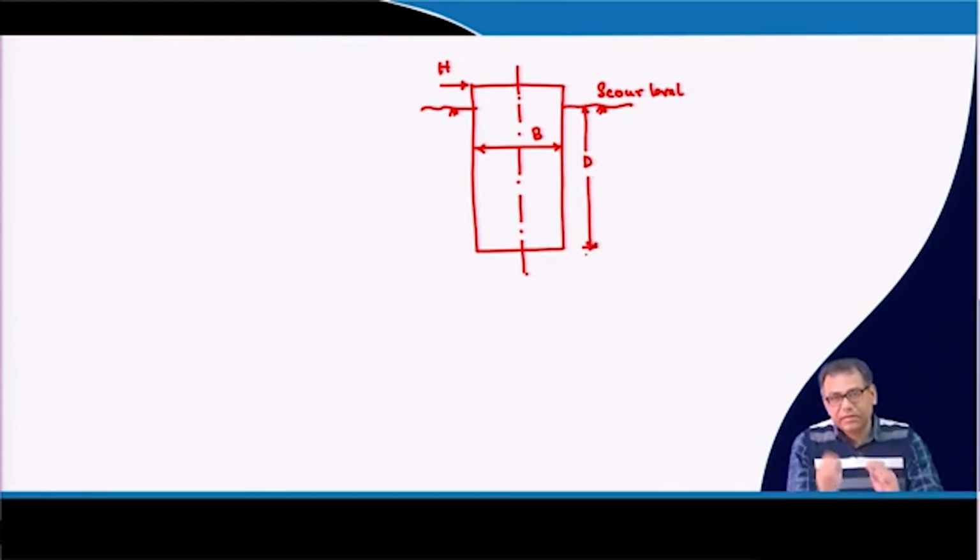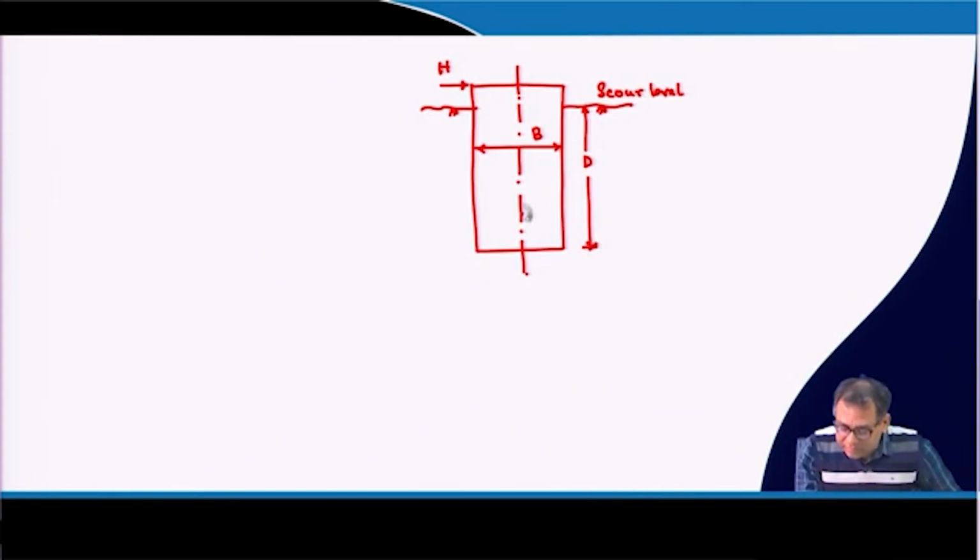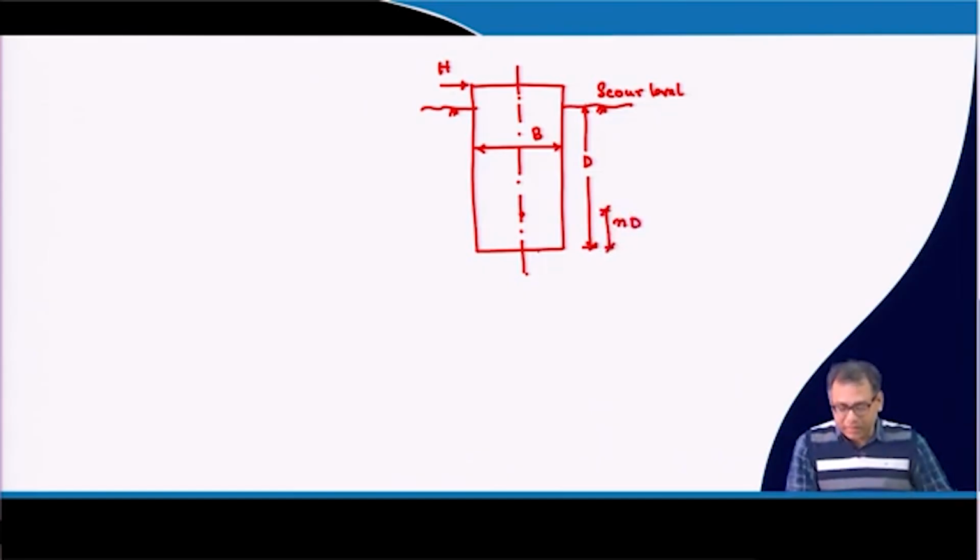And here, as per this method, it is assumed that this well will rotate about a point, and say this point is this one, and that point is at a height of ND from the base of the well. When it rotates, this well will rotate within the soil. So, a rupture plane will develop below the base of the well.